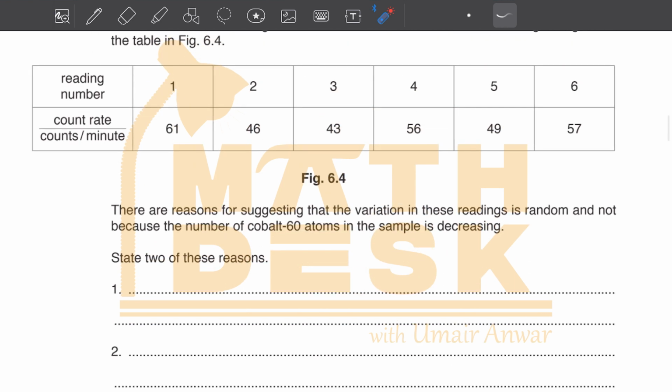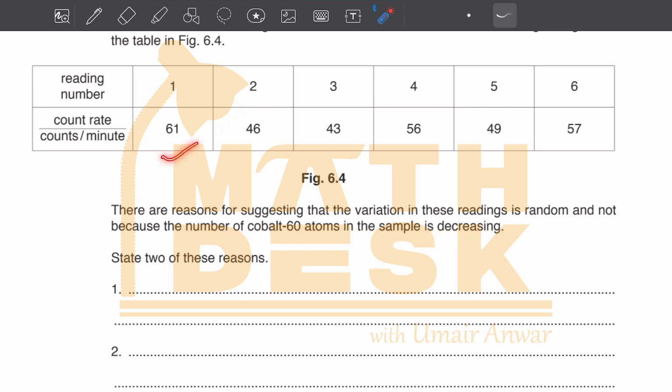There are reasons for suggesting that the variation in these readings is random and not because the number of cobalt-60 atoms in the sample is decreasing. If the variation was related to the number of cobalt-60 atoms decreasing, then the readings must have been constantly decreasing, because the atoms are decreasing due to the radioactivity taking place.